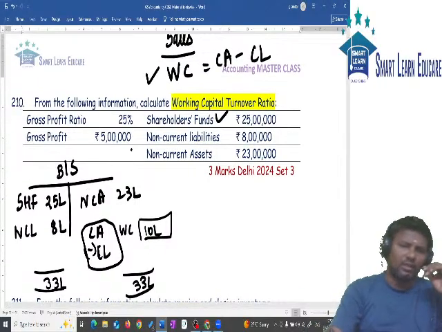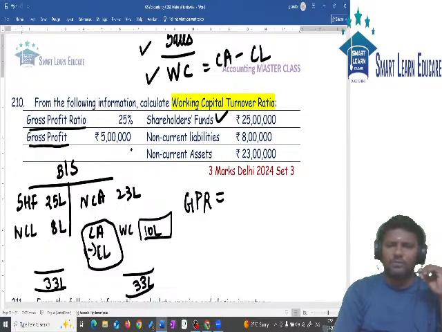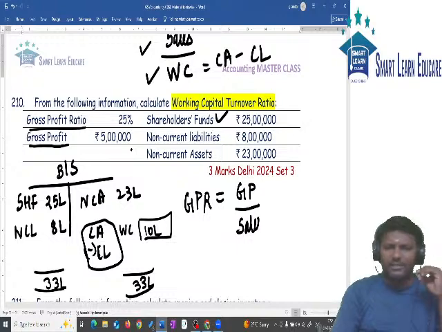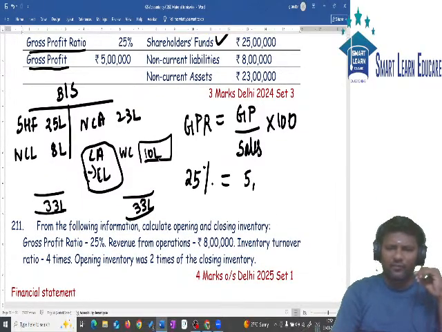Second thing we have found. Now we need to find out sales. For sales, two things are given. What are the two things given? Gross profit ratio and gross profit. What is the formula for gross profit ratio? Gross profit ratio is equal to gross profit divided by sales into 100. Gross profit is 5 lakh, divided by sales.